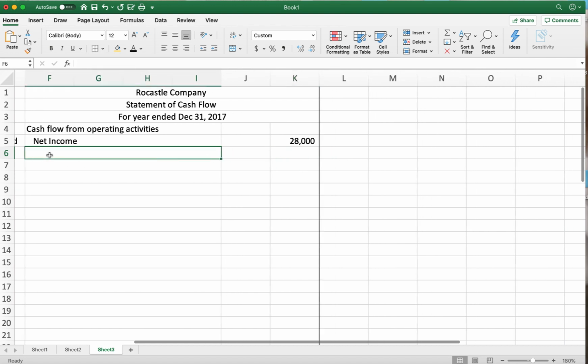Okay. So then I'm going to indent twice. And I'm going to say, I'm making adjustments to reconcile net income to net cash provided by operating activities.